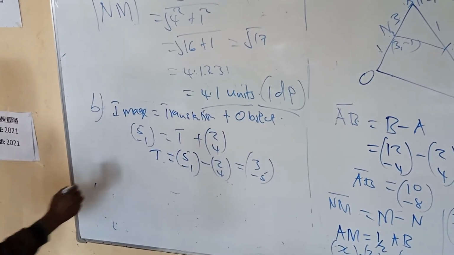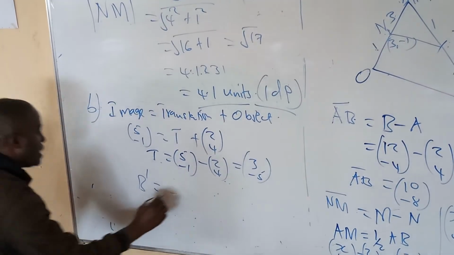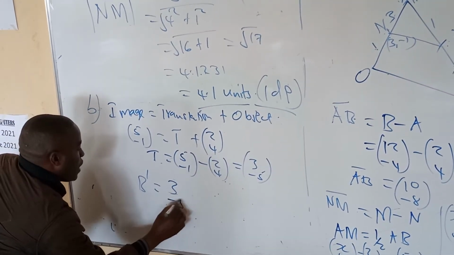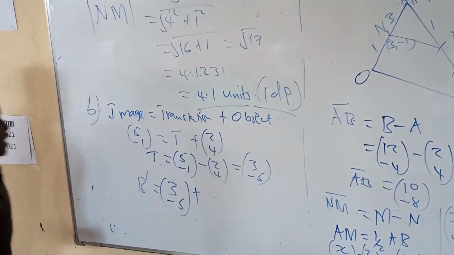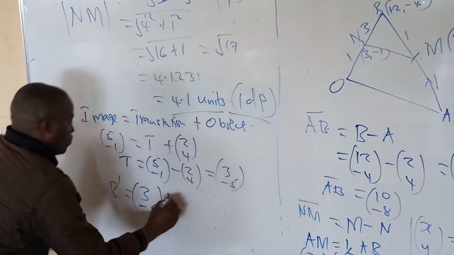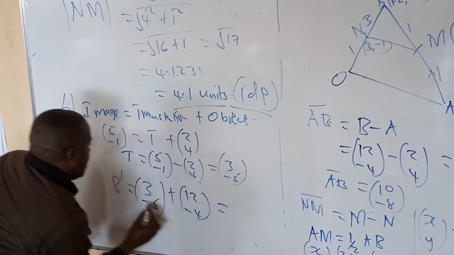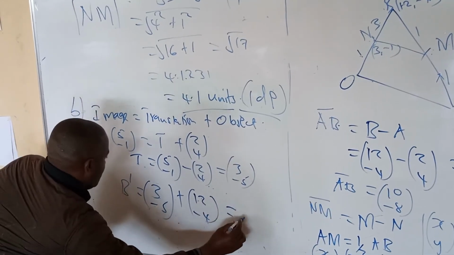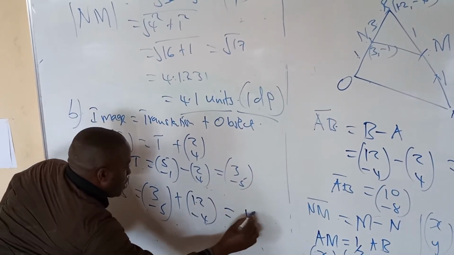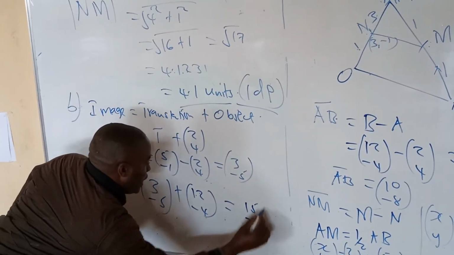So that means the image of B equals the translation, which is (3, -5), plus the object, which is B, (12, -4). So that becomes 12 plus 3 is 15, and -5 plus -4 is -9.